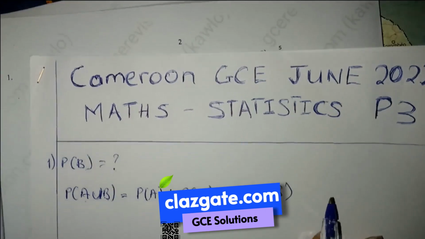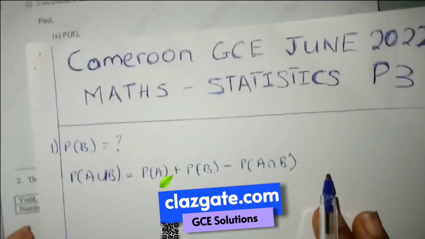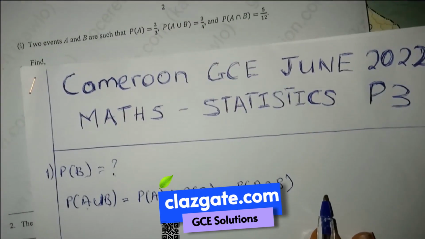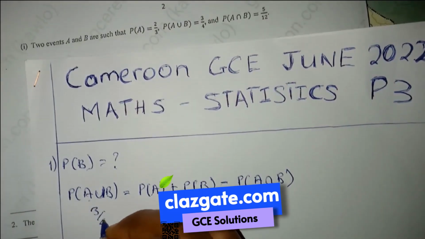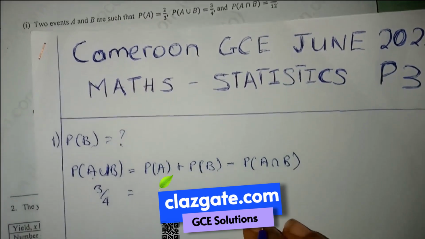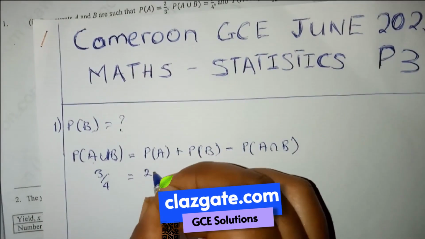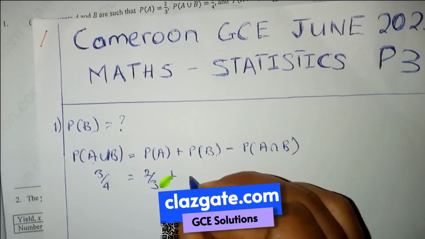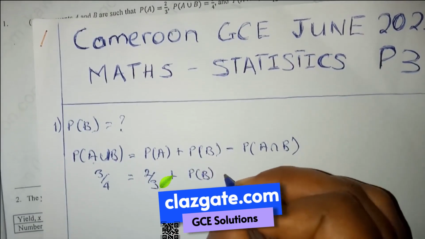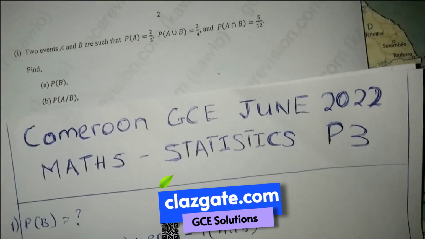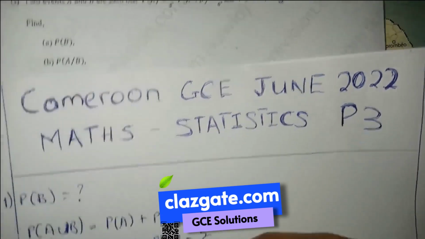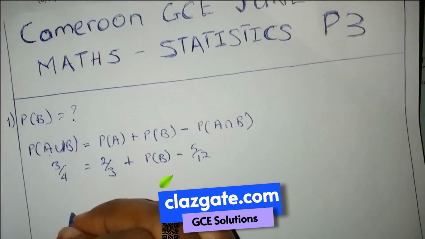So we substitute these values: 3 on 4 equals 2 on 3 plus the probability of B minus 5 on 12.